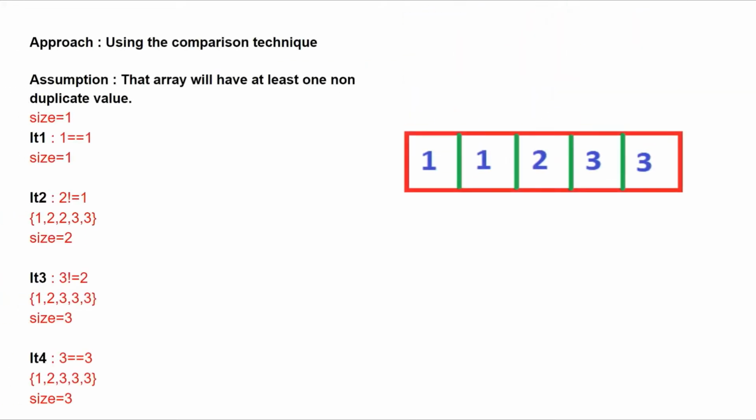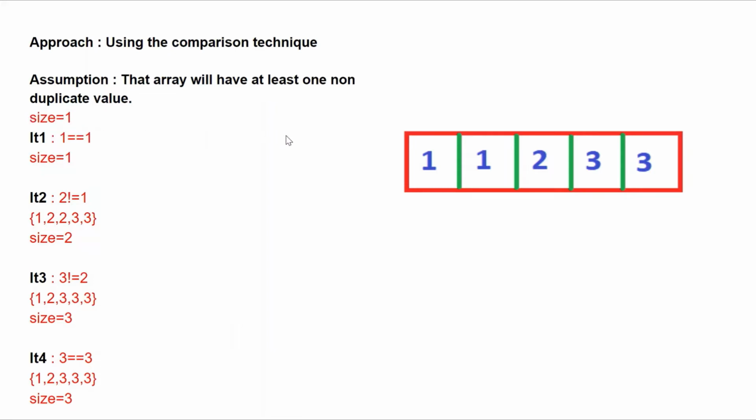The approach which we will use is the comparison technique, where we will compare the current array element with the previous array element. We assume one thing here, that the array will have at least one non-duplicate value in it. That is why we initialize the size of the array as 1, that is, the size index is 1 currently in the initial stage.